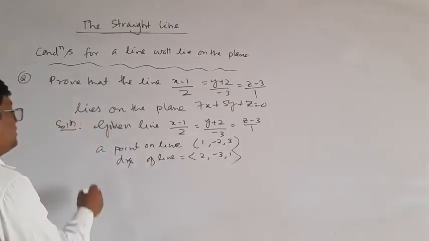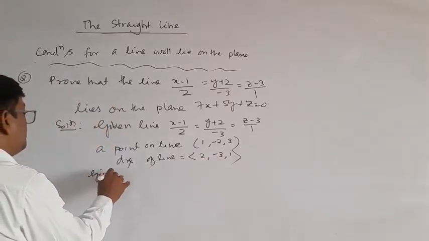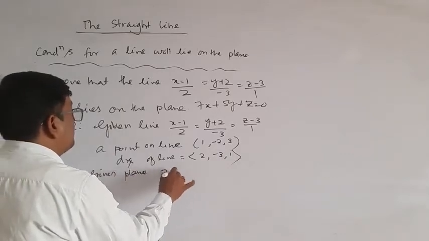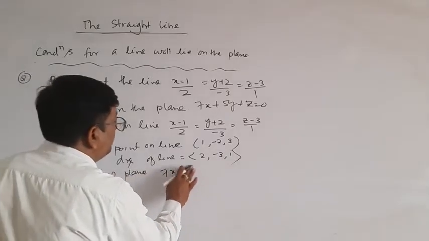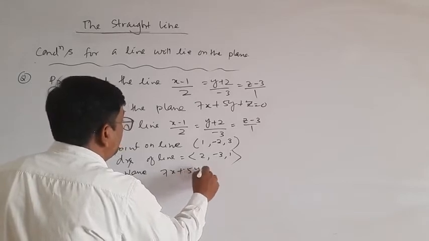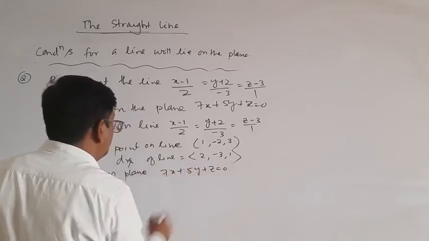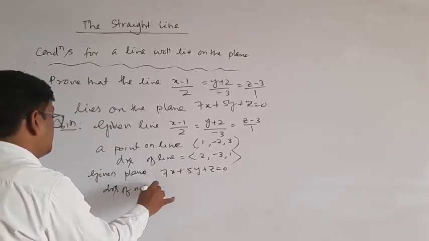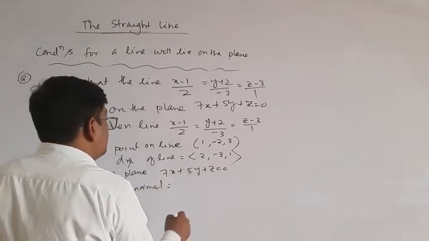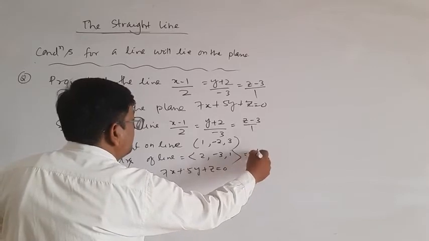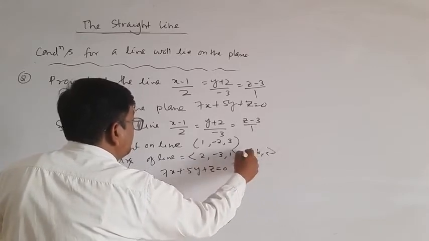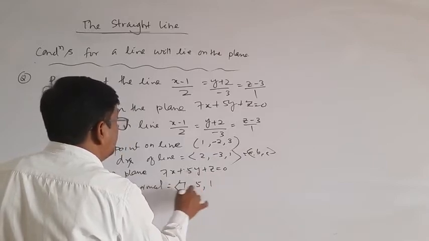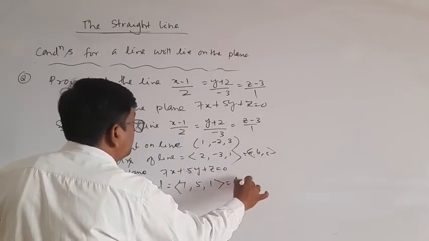The plane is given, that is 7x plus 5y plus z is equal to 0. So the DRs of the normal are 7, 5, 1, this is capital A, B, C.